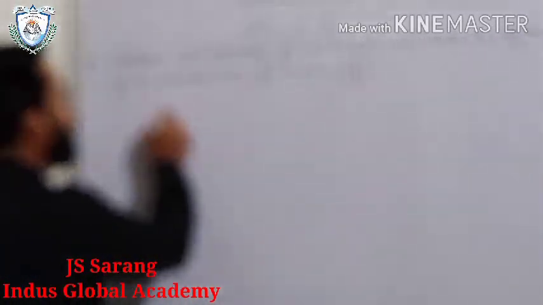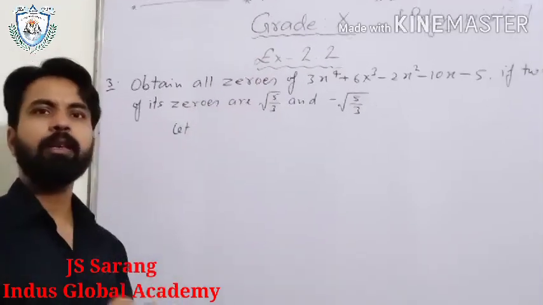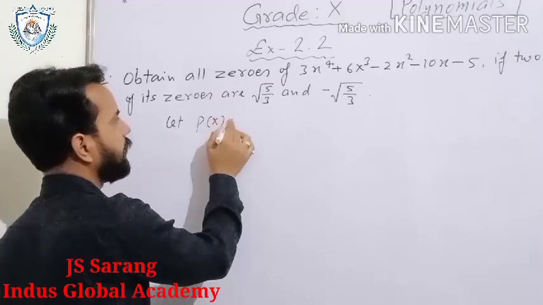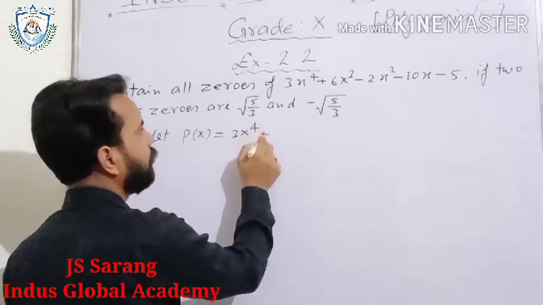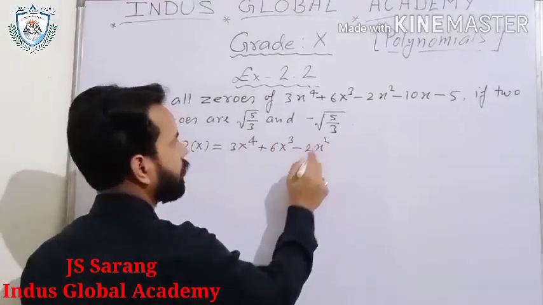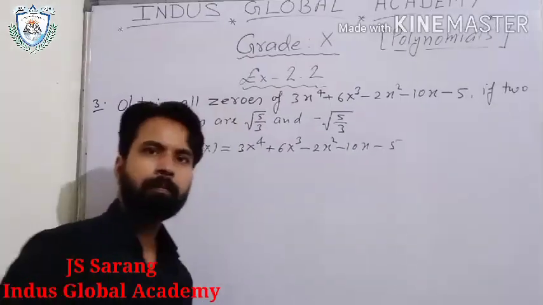First, we will consider the given polynomial as p of x. So let p of x equal to 3x to the power 4 plus 6x cube minus 2x square minus 10x minus 5.